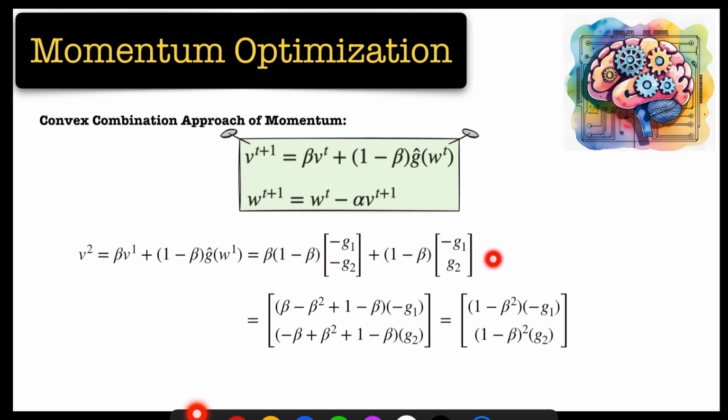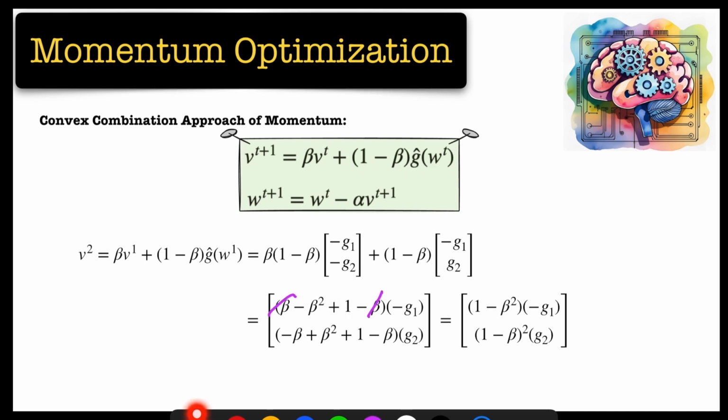Now let's simplify this a little bit. For the first row, if you see, with −G1, all the gradients are pointing in the same direction. So we get (β − β² + 1 − β) times −G1. For the second row, we have −G2 here and G2 here, so let's take this minus out. We get (−β + β² + 1 − β) times G2. So the β and β cancel out, right? We get (1 − β²) times −G1. And in the second row, (1 − 2β + β²) times G2, which is what? (1 − β) whole squared, right?